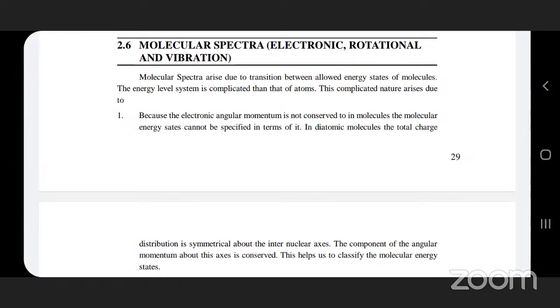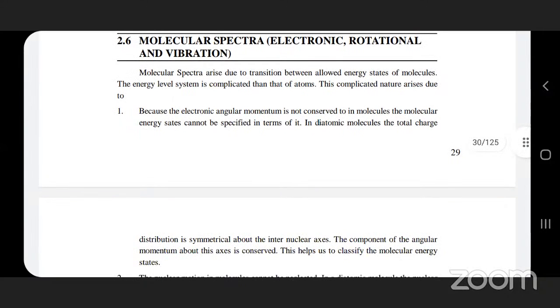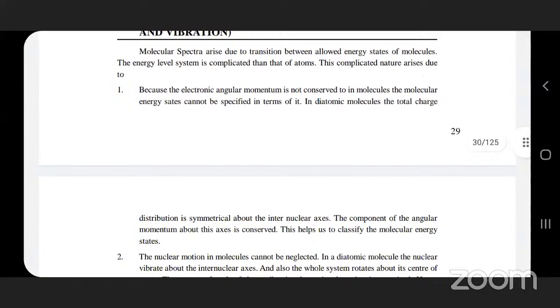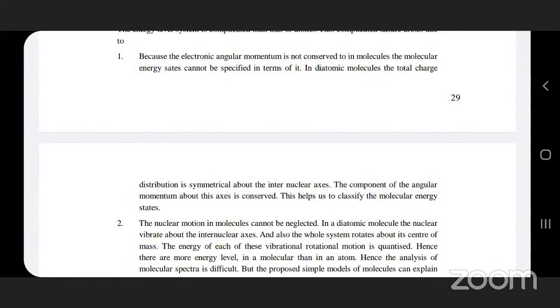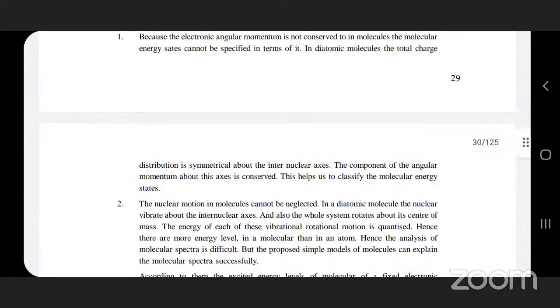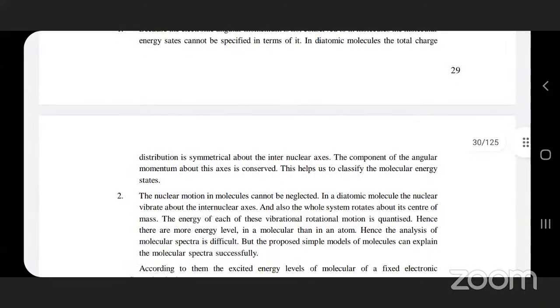The molecular energy state can be specified for a diatomic molecule, diatomic meaning two atoms, like N2, H2, O2. The total energy distribution is symmetrical about the internuclear axis, but the component of angular momentum about the axis is conserved, which classifies the molecular energy states.